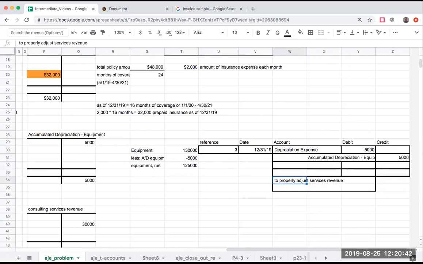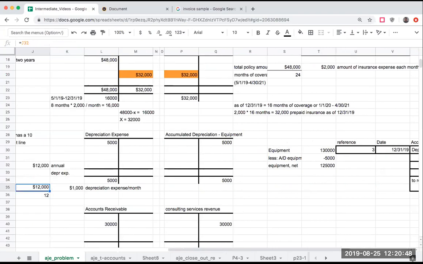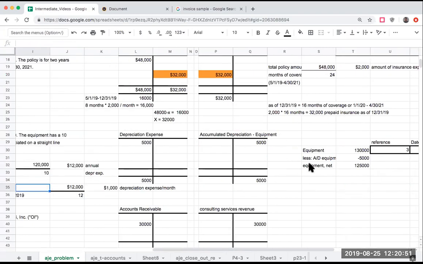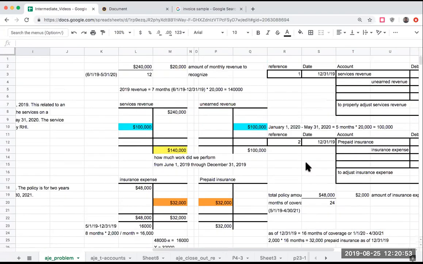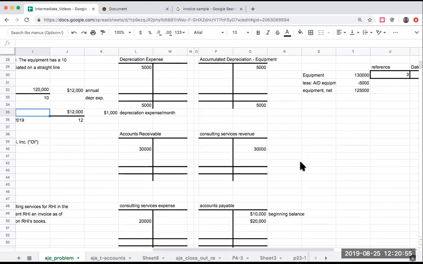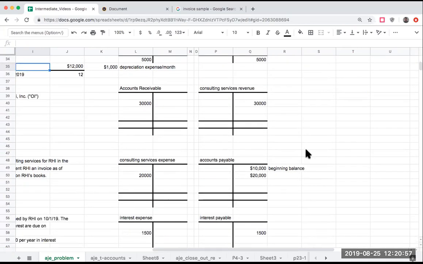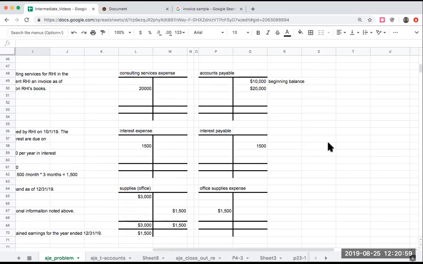And this here is to record depreciation expense. Okay, so that's how I go through and do journal entries. As you can see, if you do the T accounts and you write the adjustments in the T accounts, the journal entries become relatively simplistic to do.